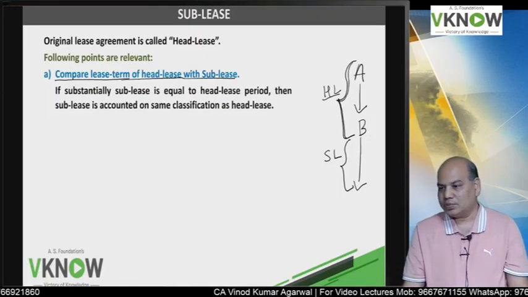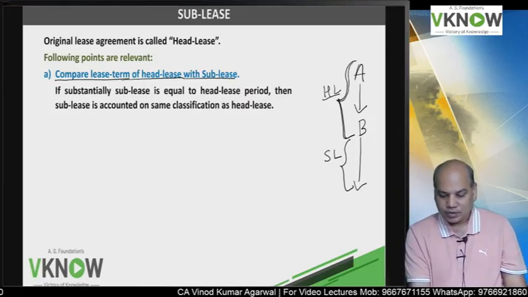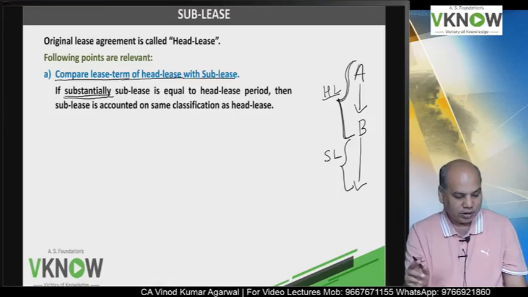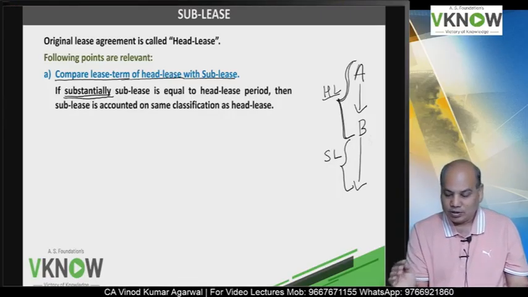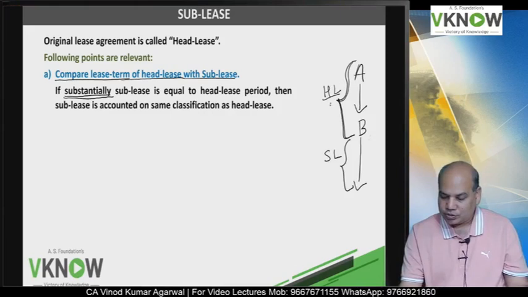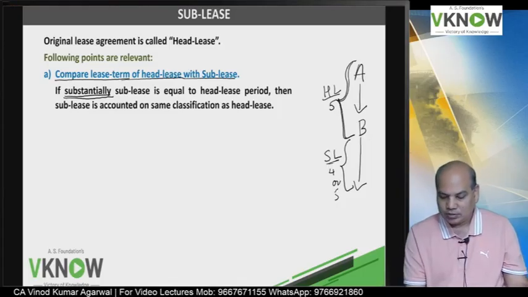If substantially sub-lease is equal to head lease period, if substantially, again they have used the word substantially, but it is not properly defined in the standard. That means if head lease is suppose 5 year and sub-lease is suppose 4 year or 5 year, then they are substantially equal.